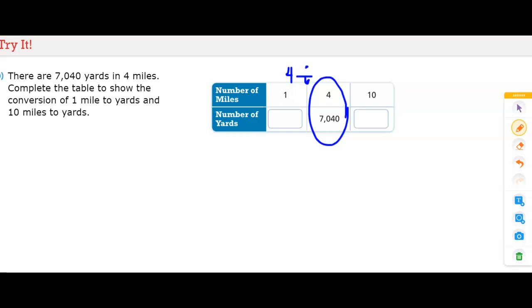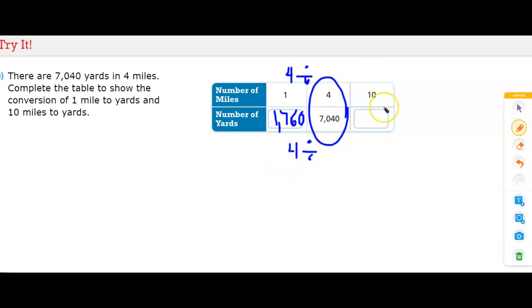And so I have to do the same thing to the other number. So 7,040 divided by 4 is equal to 1,760, and we've completed that ratio.